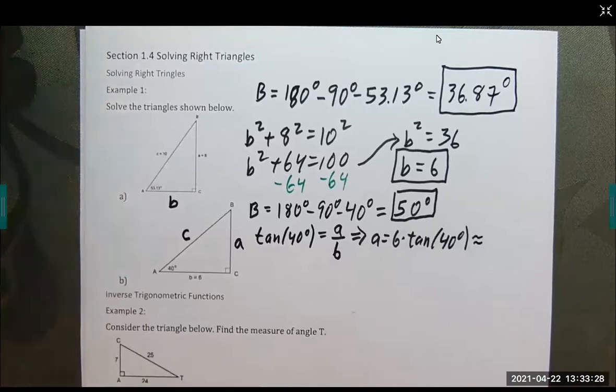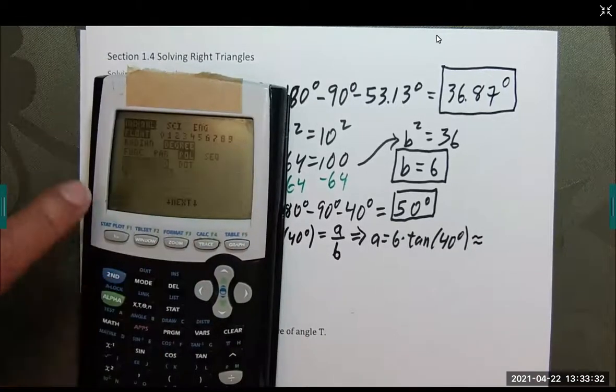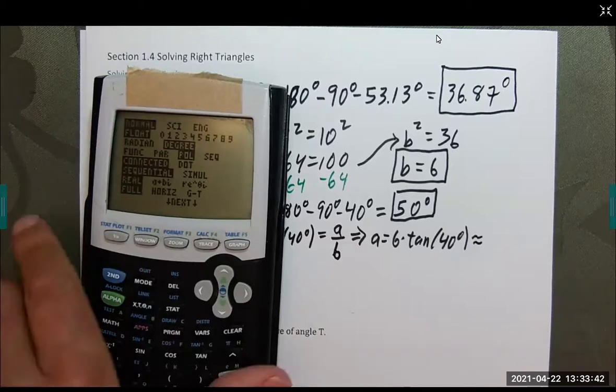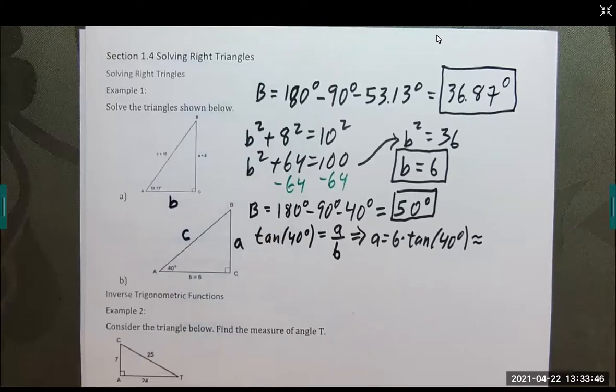Now, before I use the tangent button on my calculator, every time I should be checking and making sure that I'm on degree mode. You may have a different calculator than I have, but all the scientific calculators are going to have a degree mode and a radian mode. We don't know what radian means yet necessarily, but we will by the end of the semester, and you'll need to check it every time you do a computation.